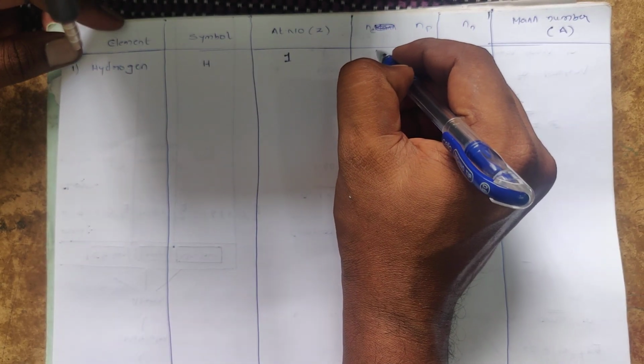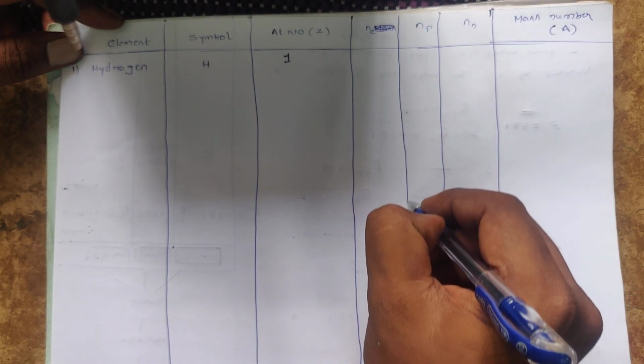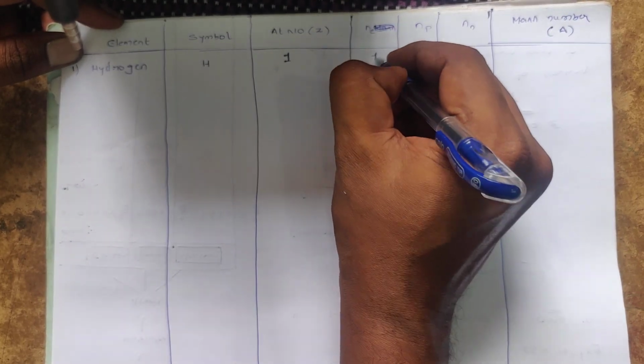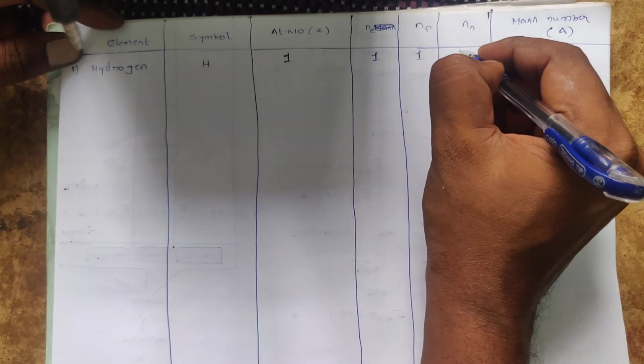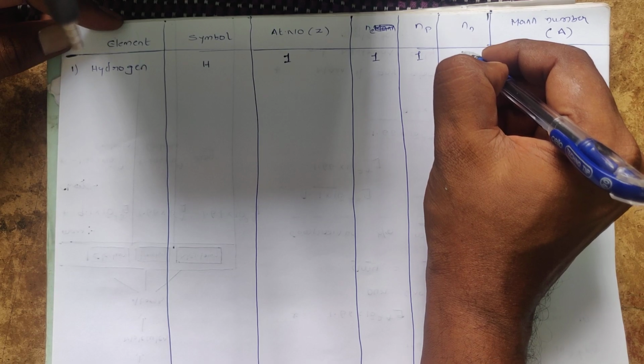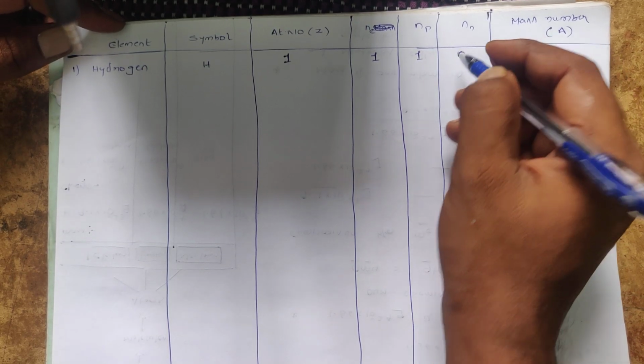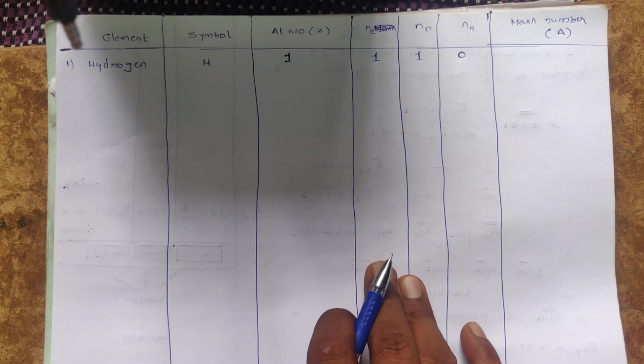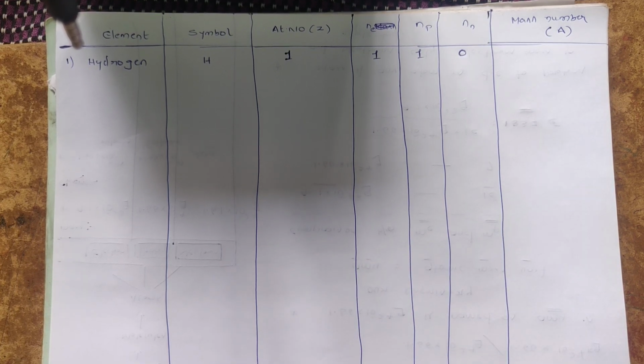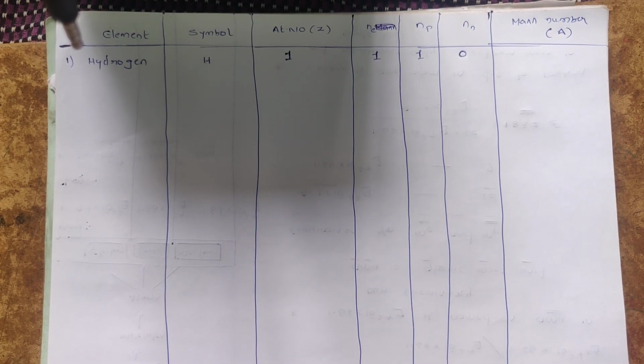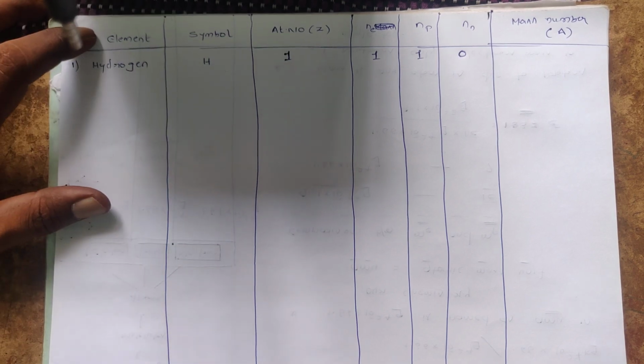Number of electrons is 1. Number of protons is 1. Is there any neutron here? No, 0. So the neutron-less element in the periodic table is hydrogen.